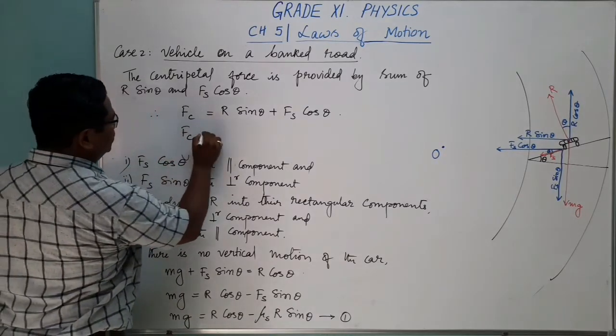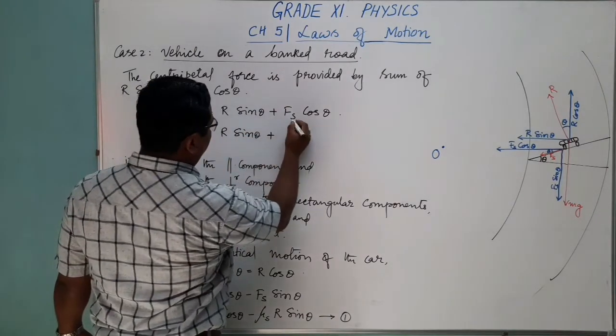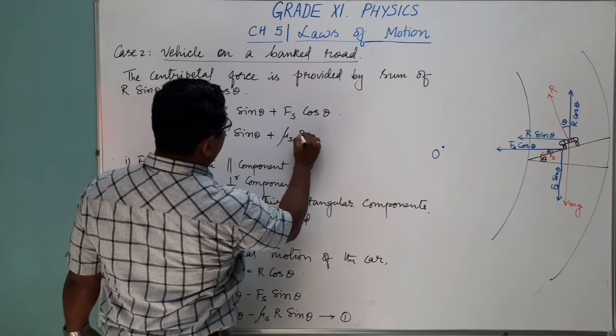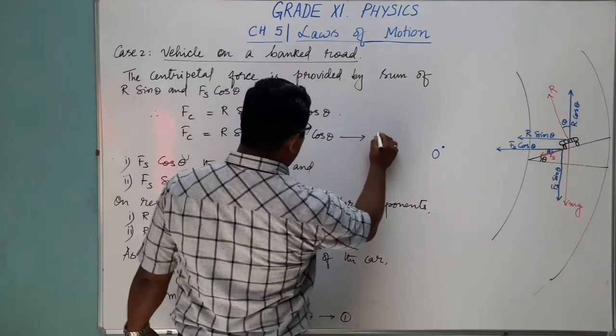Fc is equal to R sin theta plus Fs is equal to mu s into R cos theta. Make it like this. This is equation number 2.